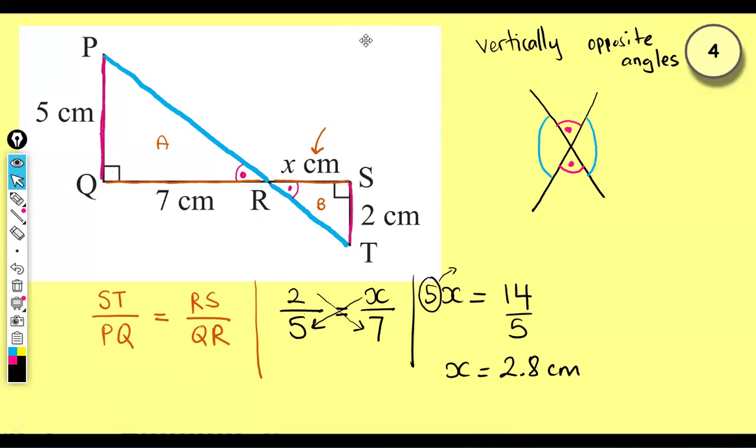Look for your mistakes. I color coded it. The 2 pinks are corresponding sides, and the 2 oranges are also corresponding sides. They didn't give you any values of the blue, and they didn't even want you to find any of the blue lines, so you can just ignore the blue lines.